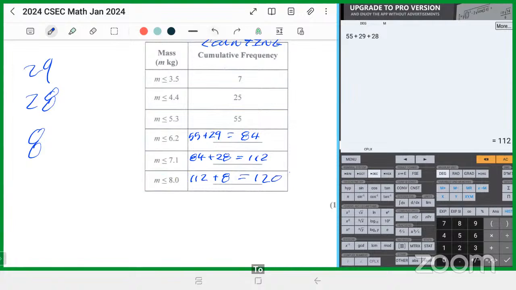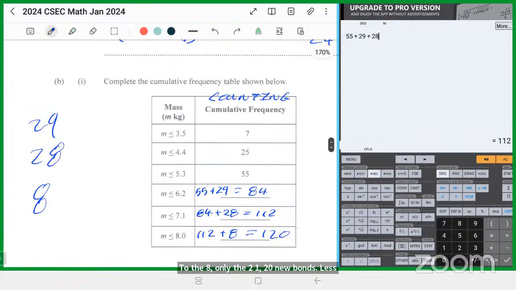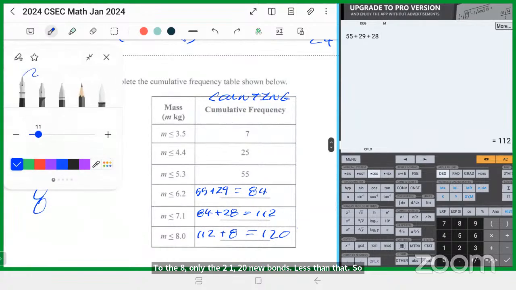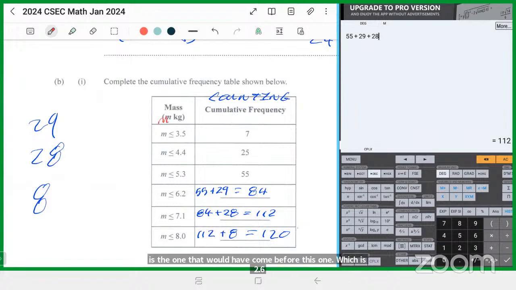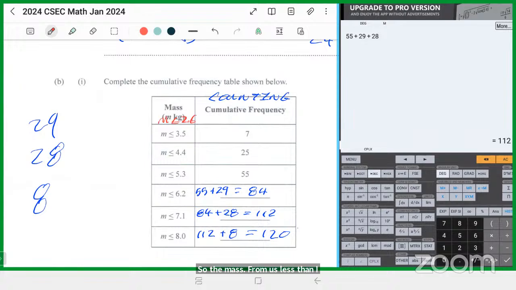There's a figure that we need to add on to this data, which is the value that would have come before this one, which is 2.6. If you subtract 0.9 from that, you get 2.6. So for mass less than or equal to 2.6, that's 0 babies.